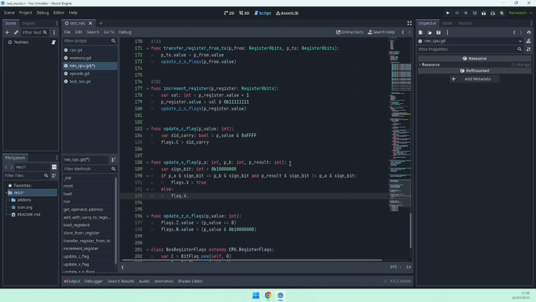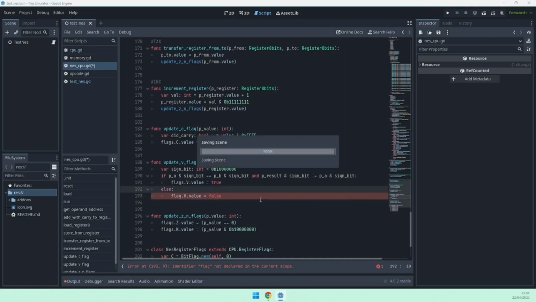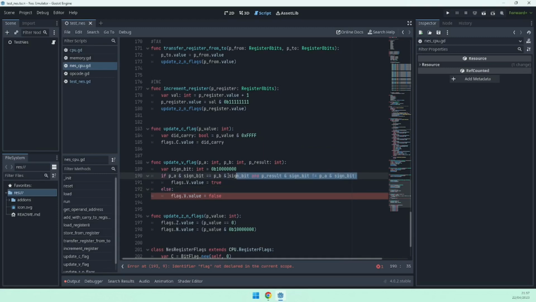Alright, this is the overflow value. And this one, carry, is also a value. So let's see if this matches.